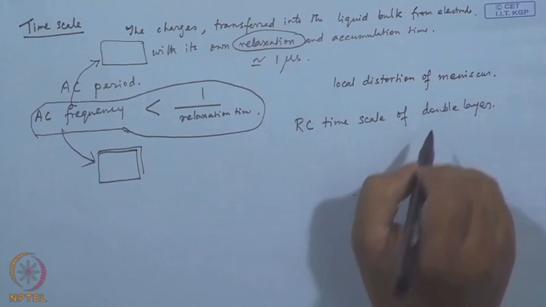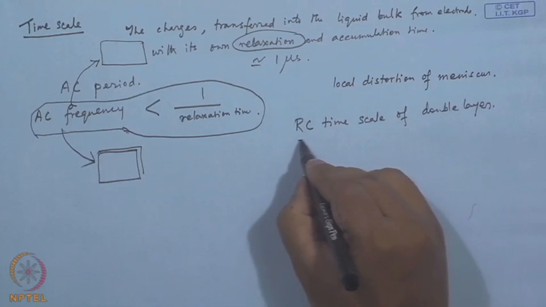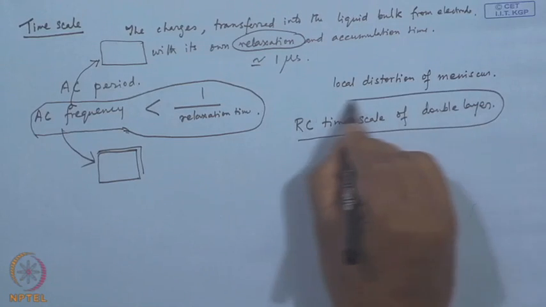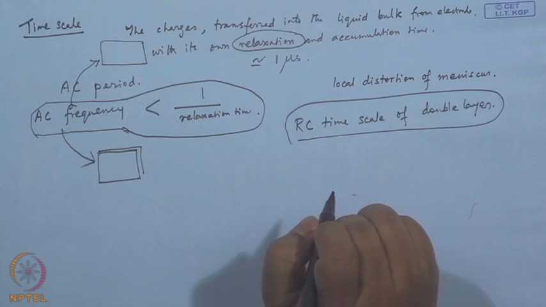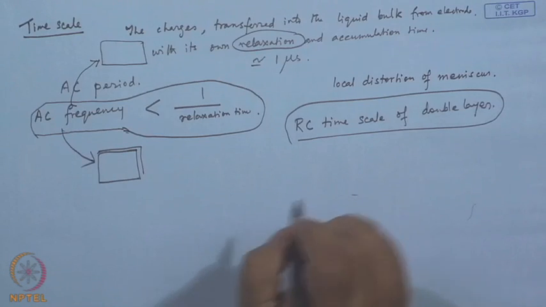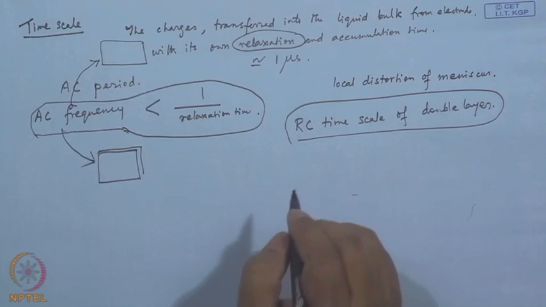Now, if we try to understand the RC time scale of the double layer, we need to understand how this double layer works here.